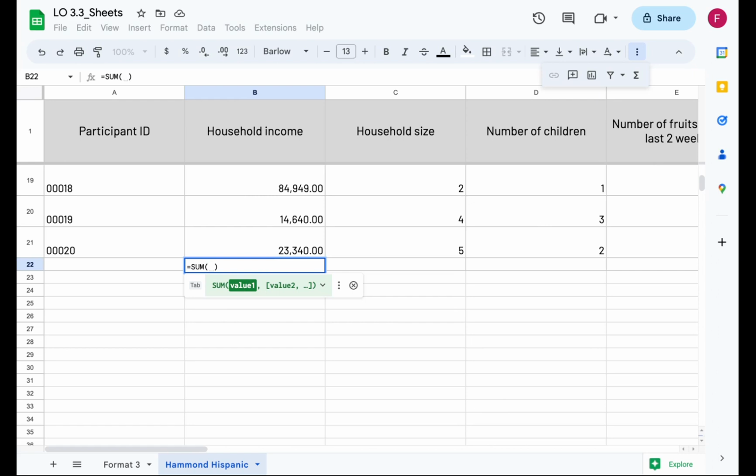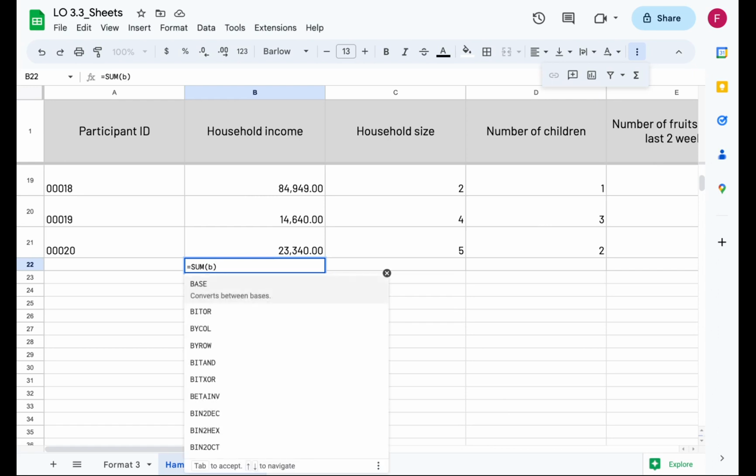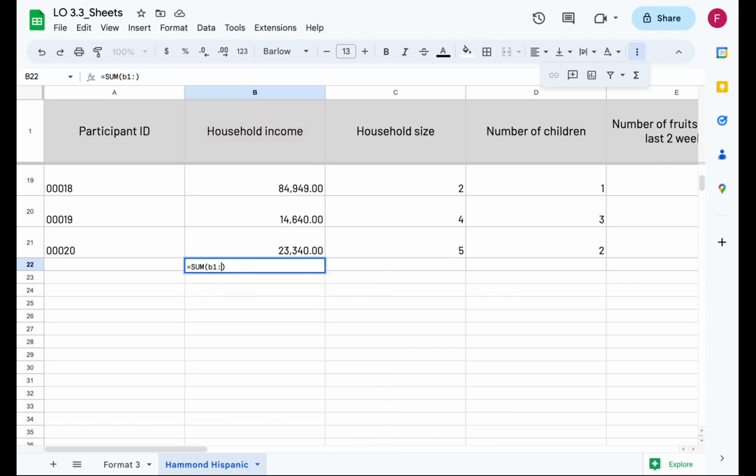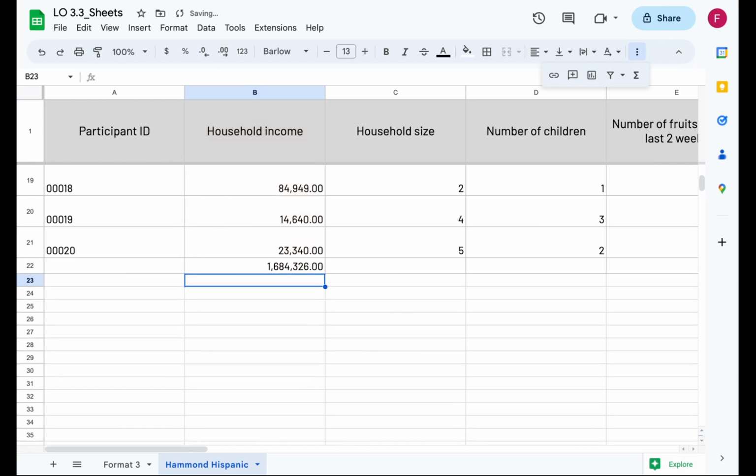I already know that I'm looking for B1, and I want it to go all the way to B21. So it gives me everything. I already know the number of the cell that I want, and I can go down to that. So there are a couple of ways to do that.